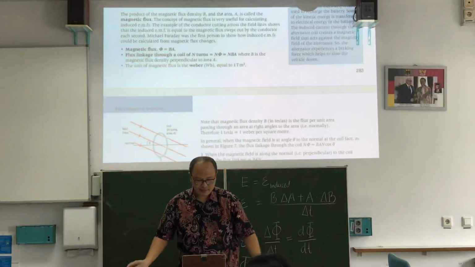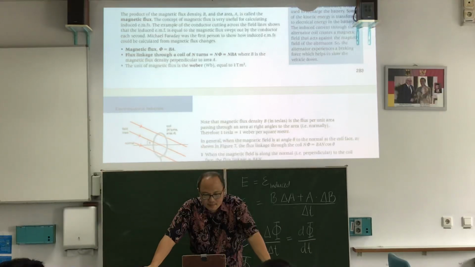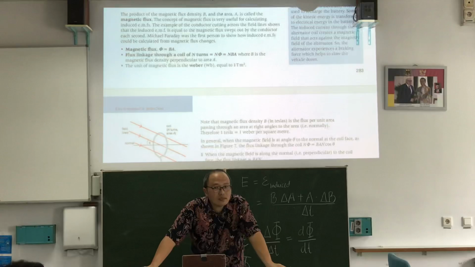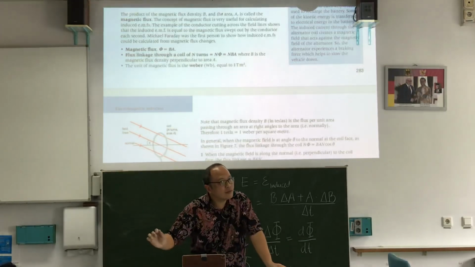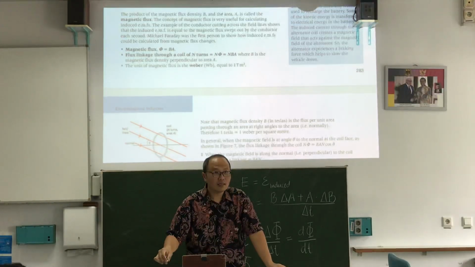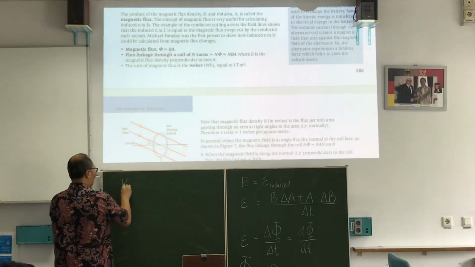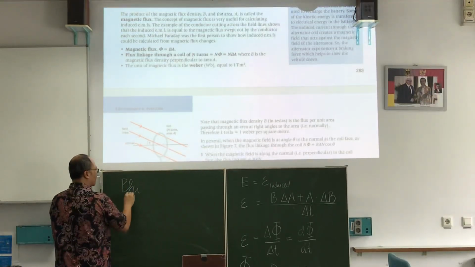The product of the magnetic flux density and the area A is called the magnetic flux. And how do you write it? Using the Greek letter, do you know what the name of the Greek letter is?